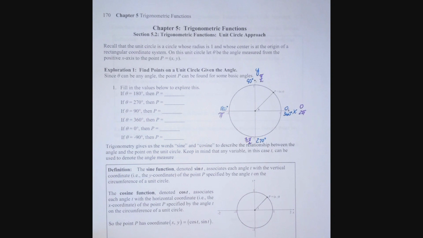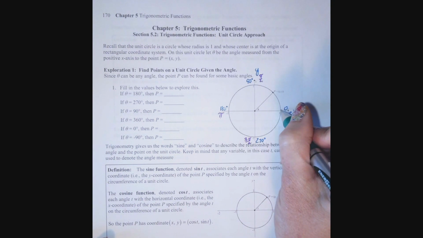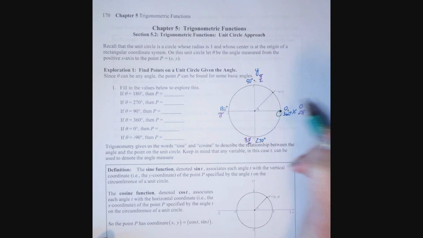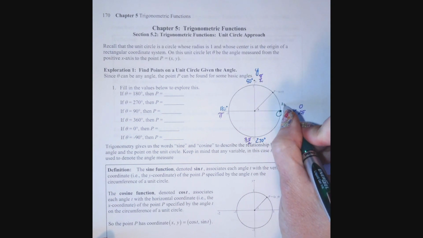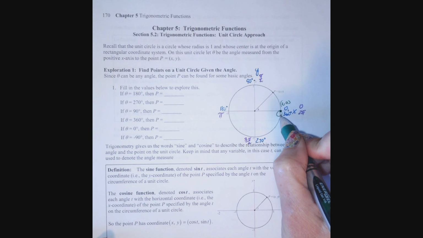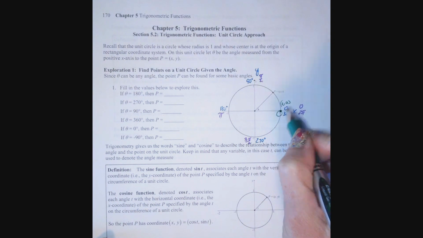Well, if we're on the unit circle, that means that our radius is 1. So this location is 1, 0, because it's 1 on the x-axis, 0 on the y-axis.